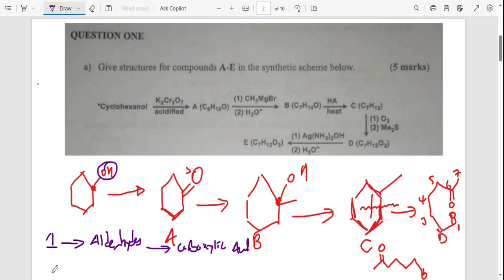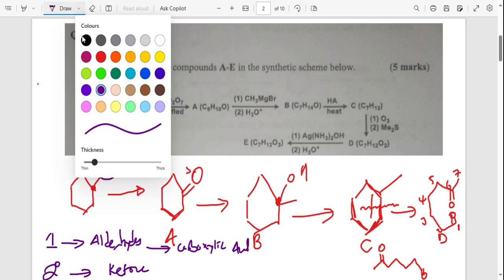And then a secondary alcohol can be converted into a ketone. And here we use oxidizing agents, the oxidizing agents that we are able to use in this reaction.